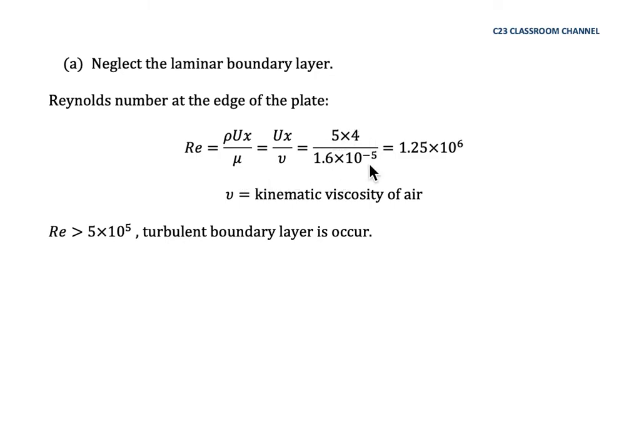We substitute the values here, and in this case I use Ux over nu, where nu is the kinematic viscosity of air, and I get 1.25 times 10 to the power of 6. As mentioned in the question, the critical Reynolds number is 5 times 10 to the power of 5, and what we get here is a Reynolds number larger than the critical value, so the boundary layer is in a turbulent condition.